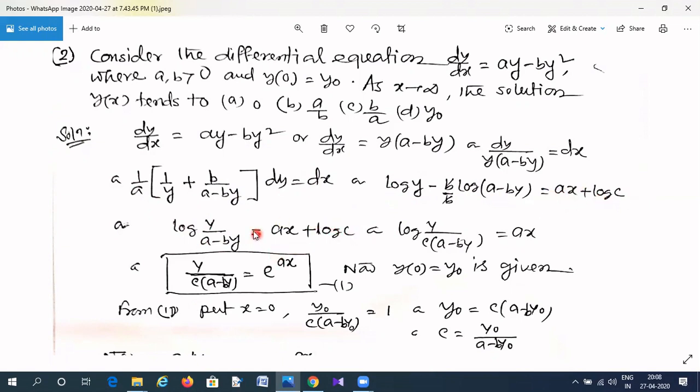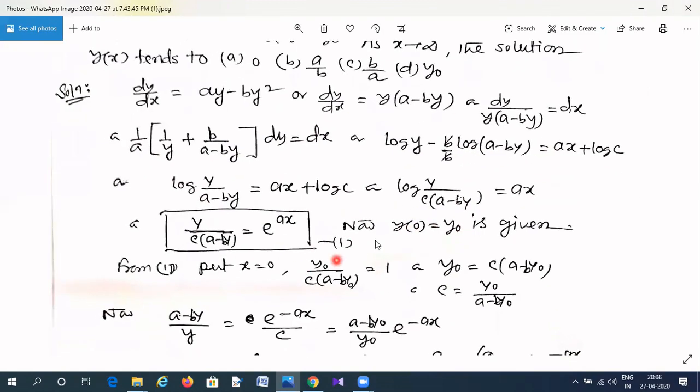Taking the log c to the left hand side, we have log of y/(c(a - by)) is equal to ax. If we write it as y/(c(a - by)), it becomes e to the power ax, the exponential form. Now there is a value that is given, that is y(0) = y0.